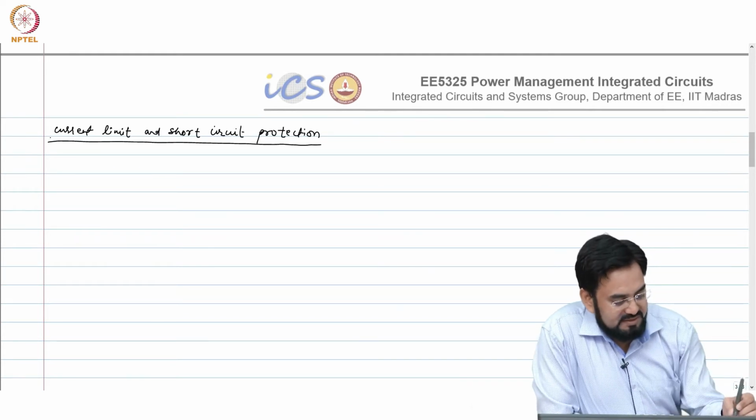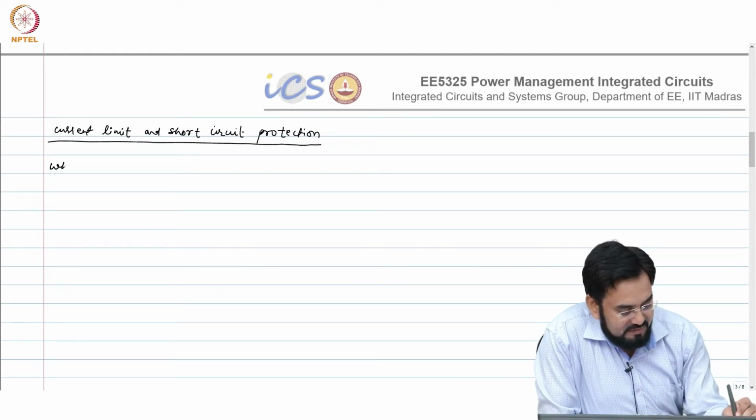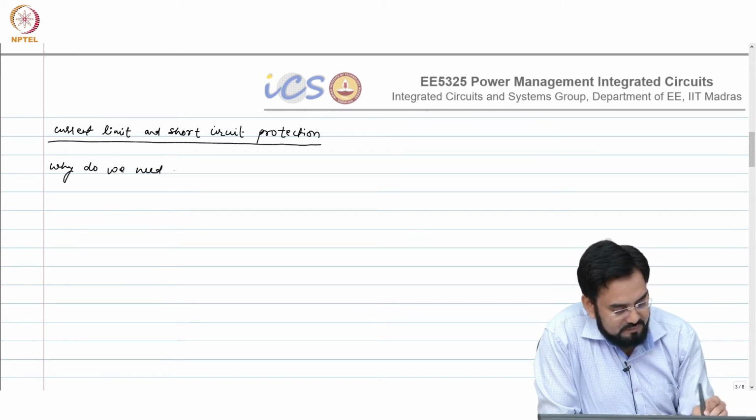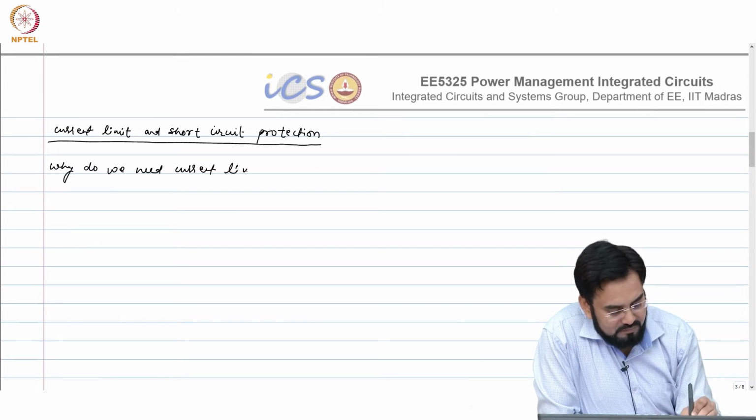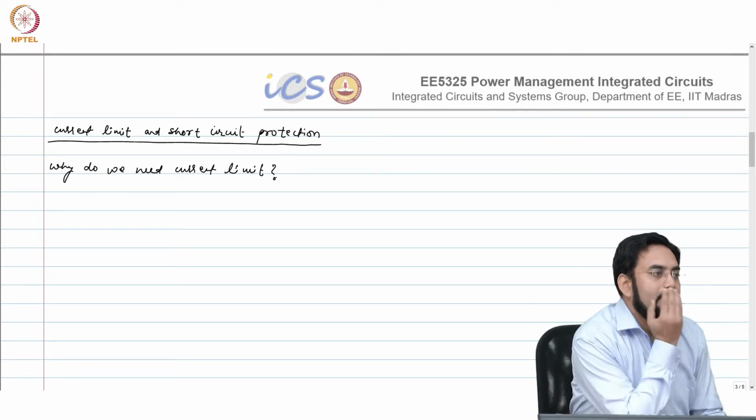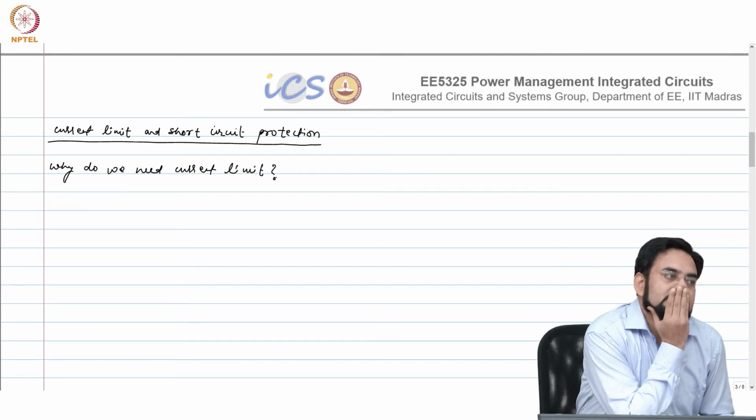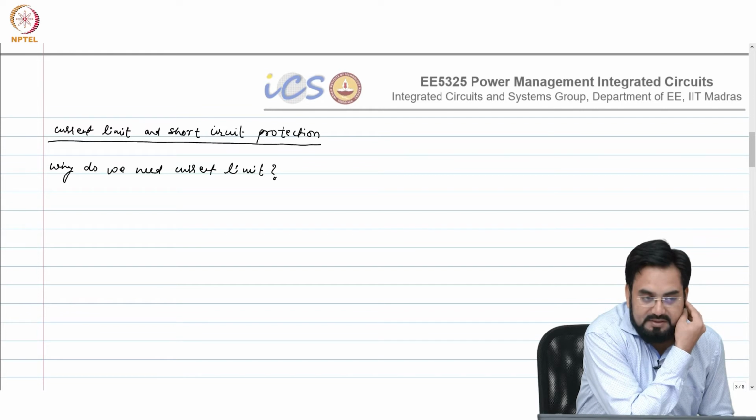So why do we need this current limit? Going to saturation or linear? Triode. Okay.